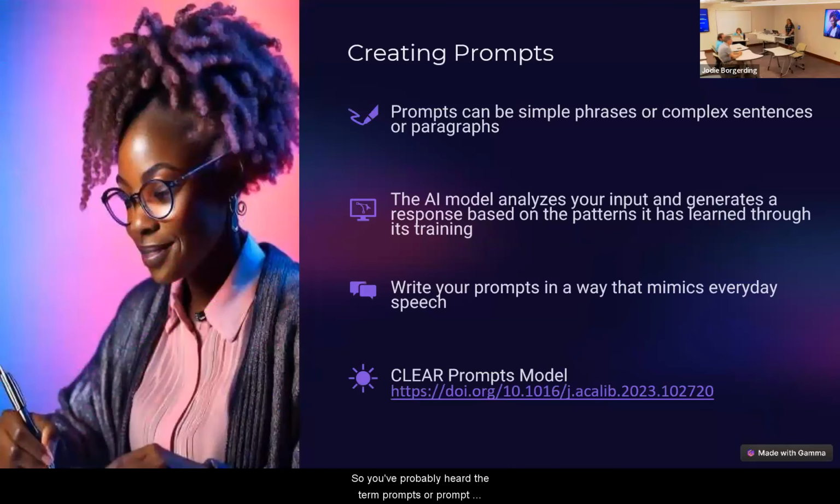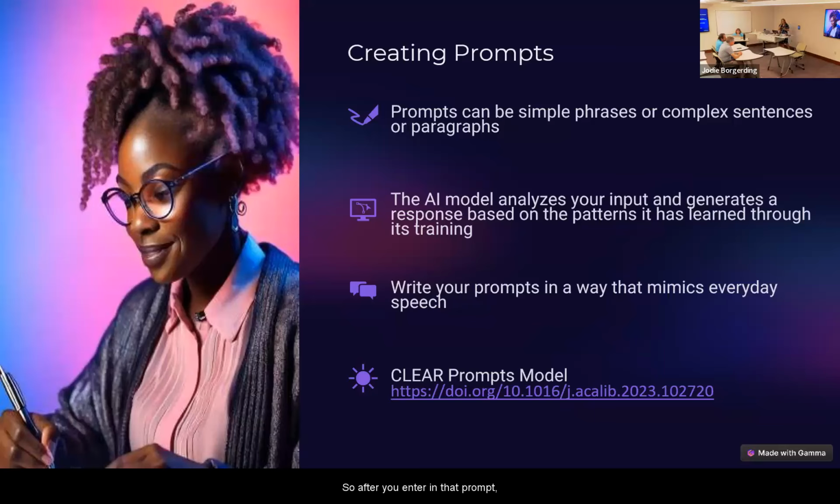All right, so now I want to talk about how to use generative AI. You've probably heard the term prompts or prompt engineering. AI prompts are basically the instructions or queries that you give to that AI system to get it to produce a specific result. Prompts can be simple phrases or words, or they can be really complex sentences or paragraphs.